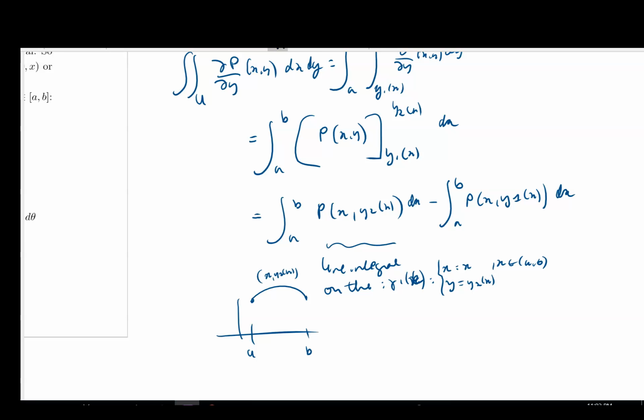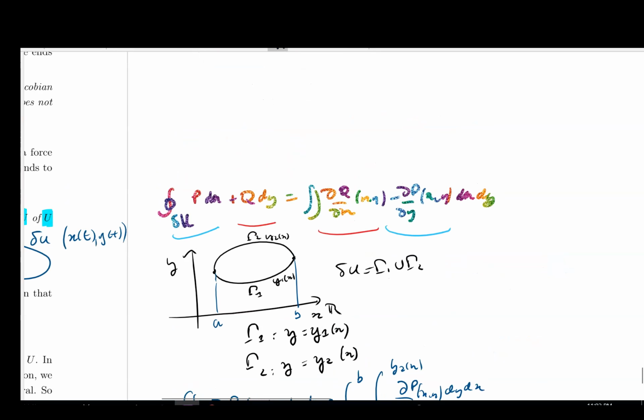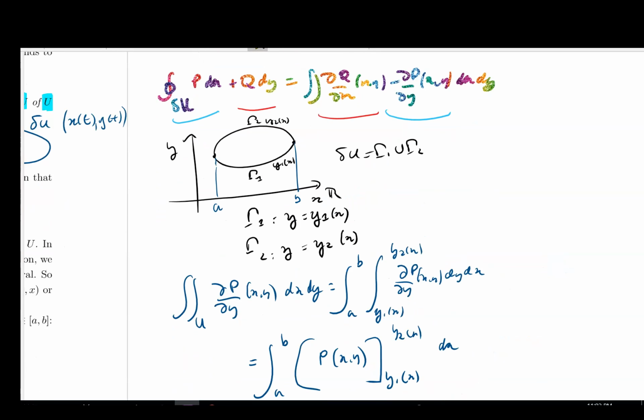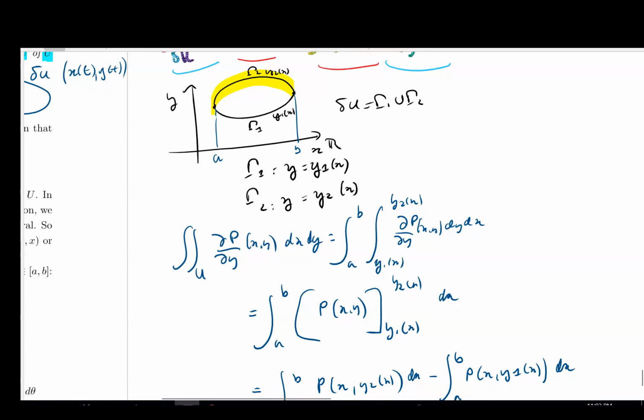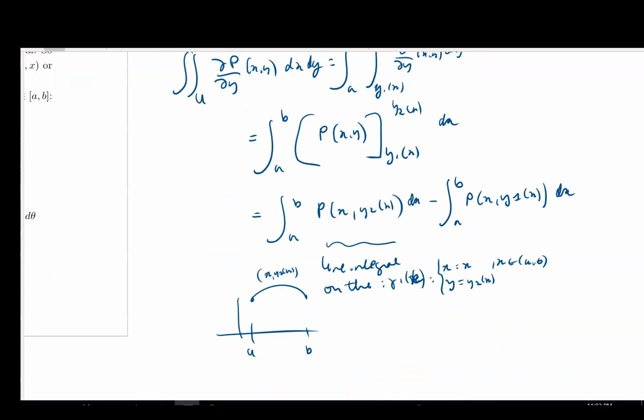This is the upper part, the gamma 2, but in the clockwise direction. I'm going from that point to that point, like this. And this is the line integral.